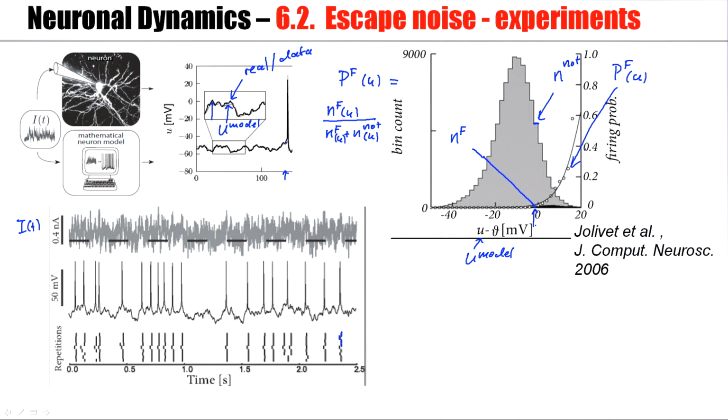On the other hand, from my escape noise model formalism, I know that this probability PF of firing in a time bin, where the escape rate rho of t was given by f of u minus theta, and then times delta. Let me put the delta up here.